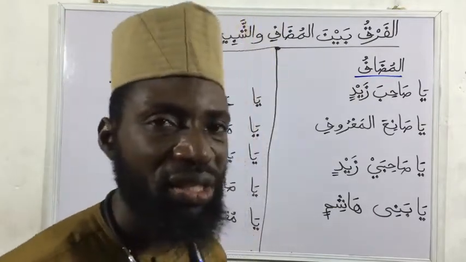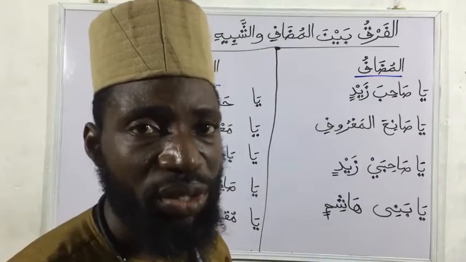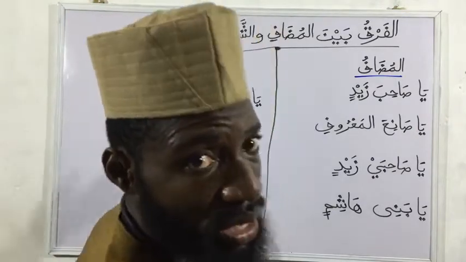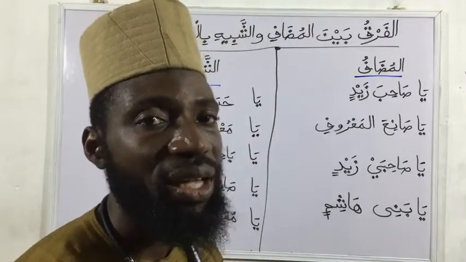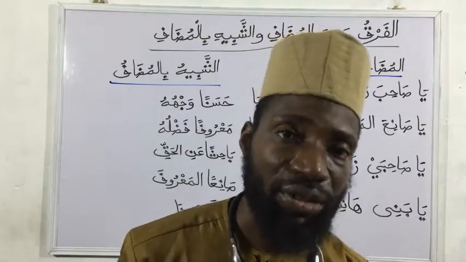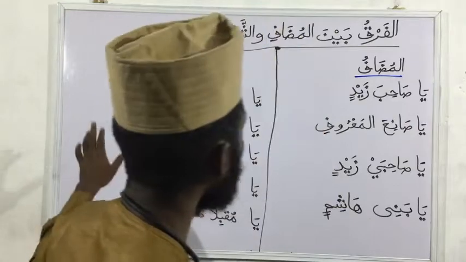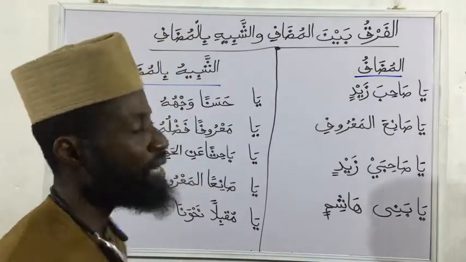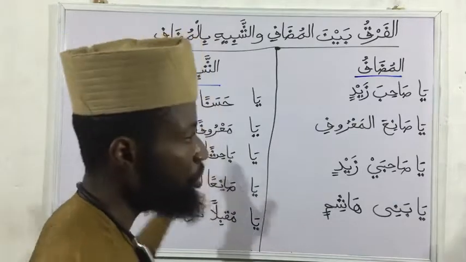Where you mostly see scholars of Nahw discussing it is when you are treating munada, and also when you are treating la nafiyatul jinsi. In such situations, some nawasikh also discuss Shabih bil mudaf. So now we want to look at mudaf and shabih bil mudaf.